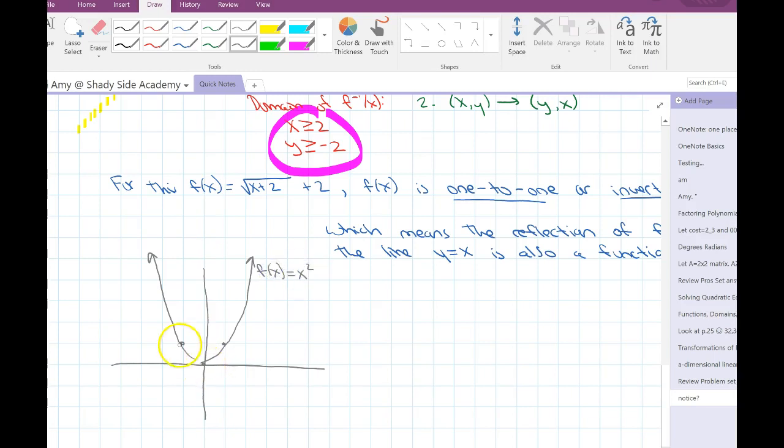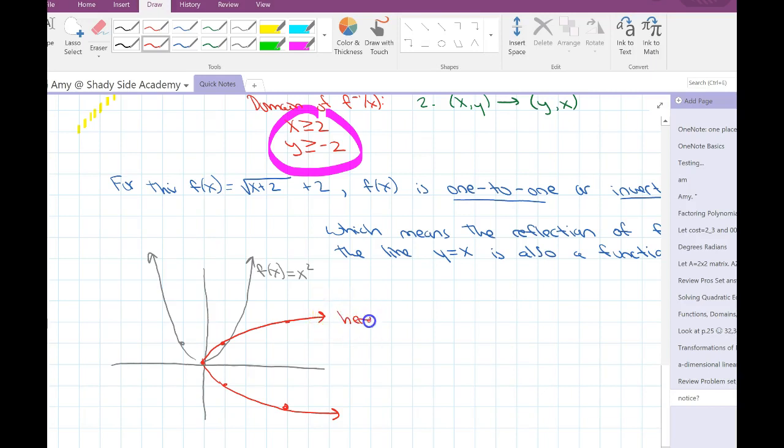If I took these points and I reflected over the line y equals x, and here I'm not going to draw on the line y equals x, but let's see. If I take this entire function, and f of x is a function because it passes the vertical line test, here's what I get. Okay, and you will notice, I hope, that the inverse here is not a function. The inverse is not a function.